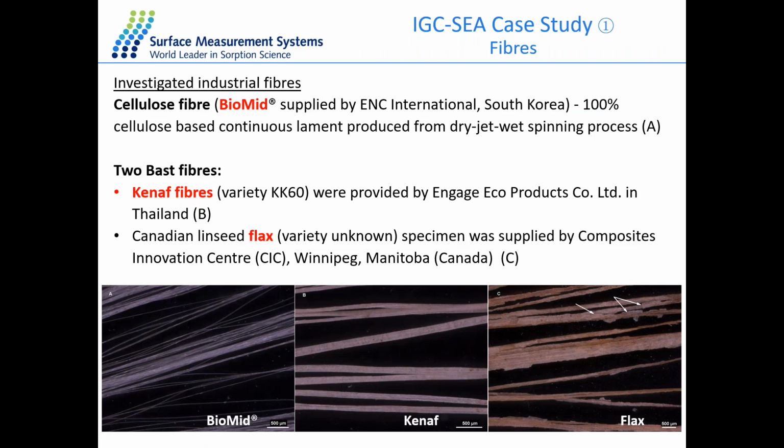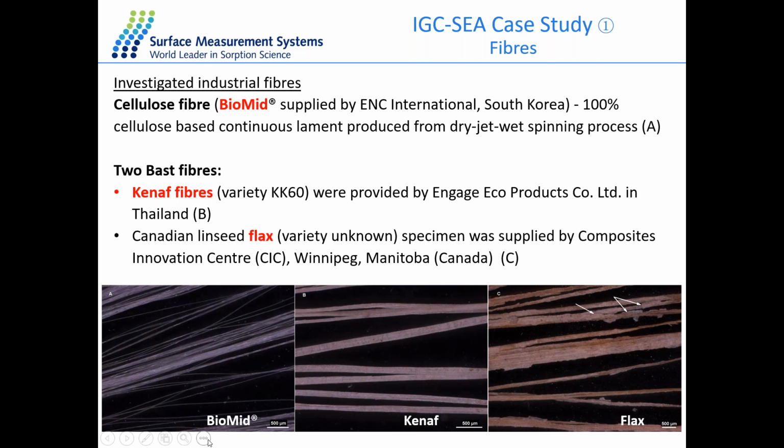The case study here for the IGC technique is that we measured the surface area of different kinds of fiber. The materials we have are, for example, one synthesized cellulose fiber, the biomeat sample, and two natural-based fibers, the KNAF sample and the flex sample. Here are the microscope images of the three fiber samples.